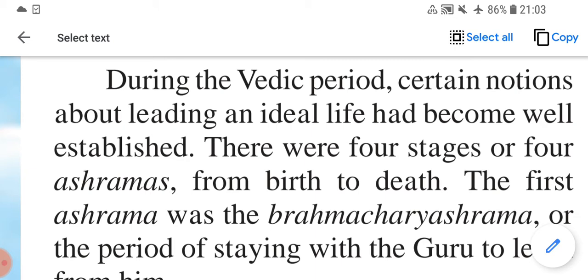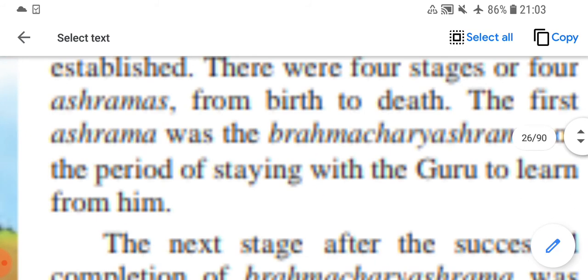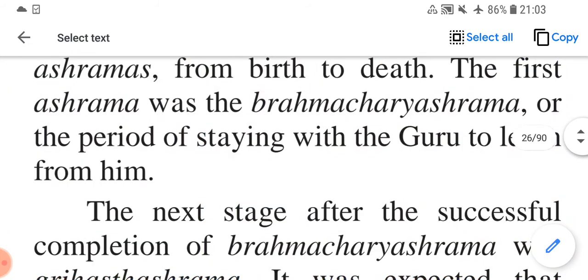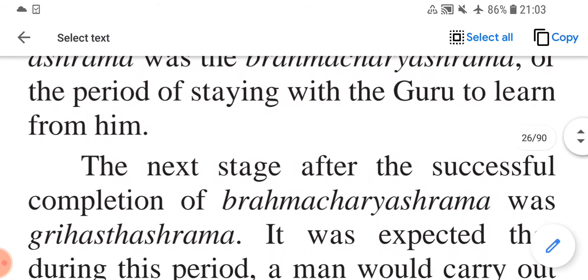The first was the Brahmacharya ashram. Brahmacharya means being unmarried, the period of staying with the Guru to learn from him.